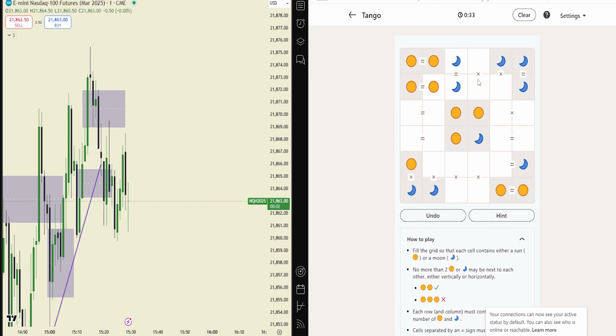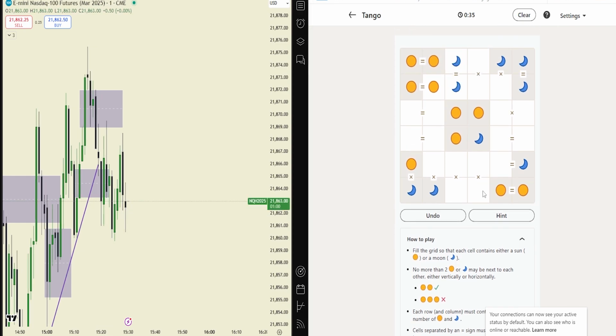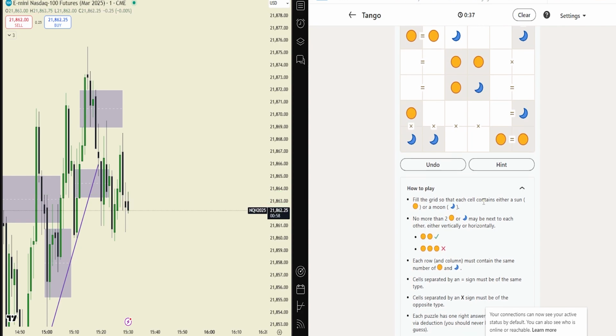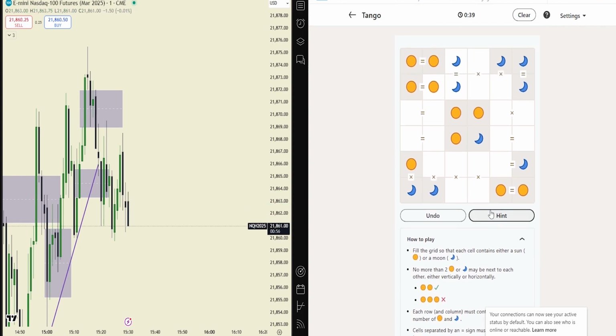So this has to be a moon. And then this has to be a sun. This has to be a moon.